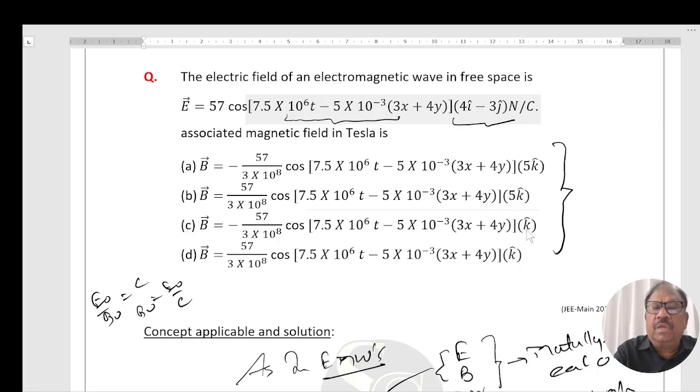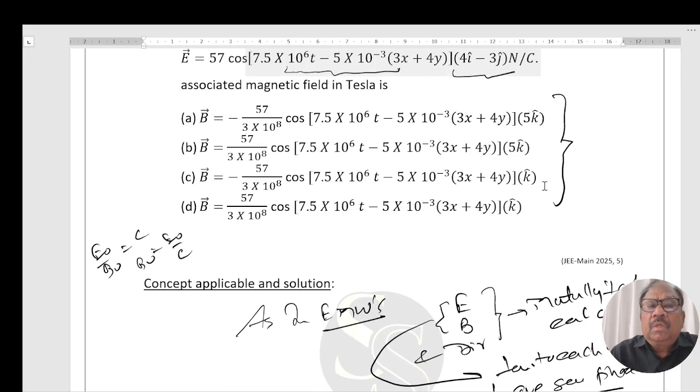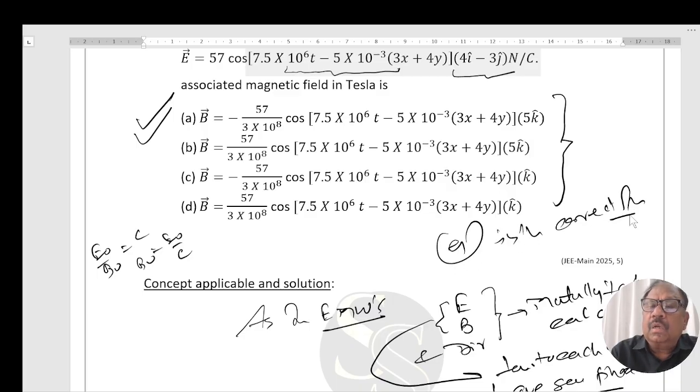Whether 5k is correct or k is correct: 5k we cannot take, reason being, this will be multiplied with 57 into 3 by 5 into unit vector in the direction of this, and we have to take 5k, because we had not multiplied it by 5, so we introduced that 5 here. So A is the correct answer. A is the correct answer.